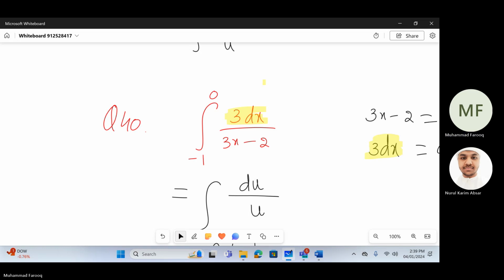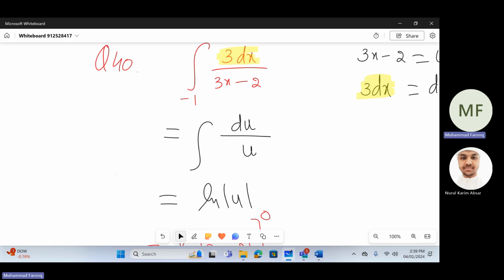I remember in Calculus 1 we used to sometimes substitute in the 3x minus 2 to get values. Should we do it or not? No, I did not do it here. No need for that. If you want, it's up to you. It wastes your time, but it's fine. So you keep it blank.